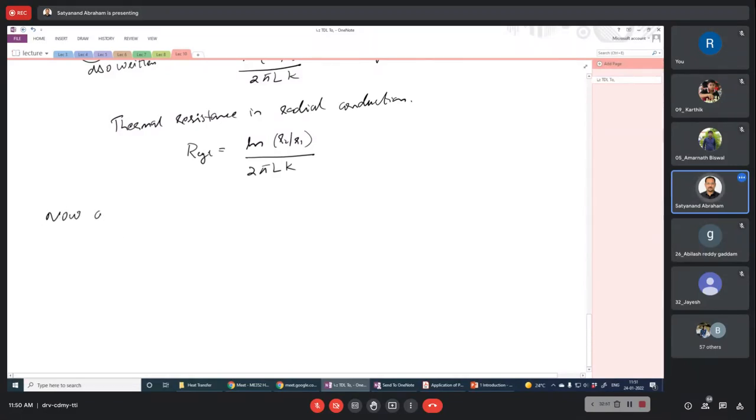Now consider convective heat transfer, boundary conditions.